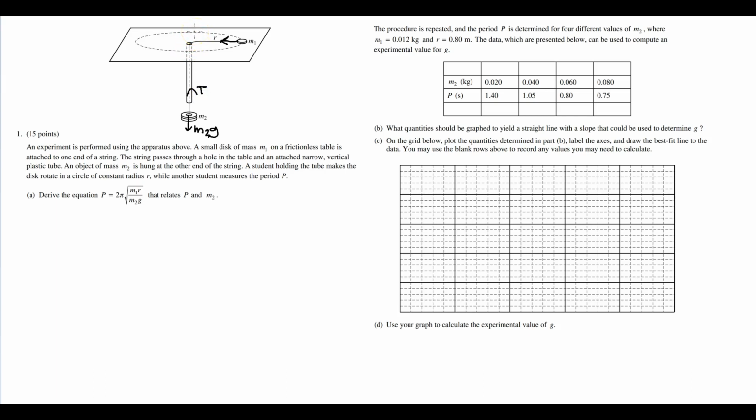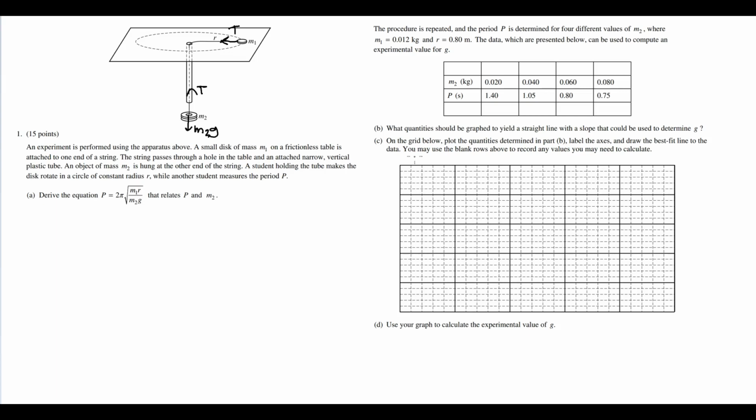But you can see a third law pair here. The tension force will be pulling on M1, but M1 is also generating another tension force that's pulling on M2. So both of these tension forces must have the same magnitude, right?